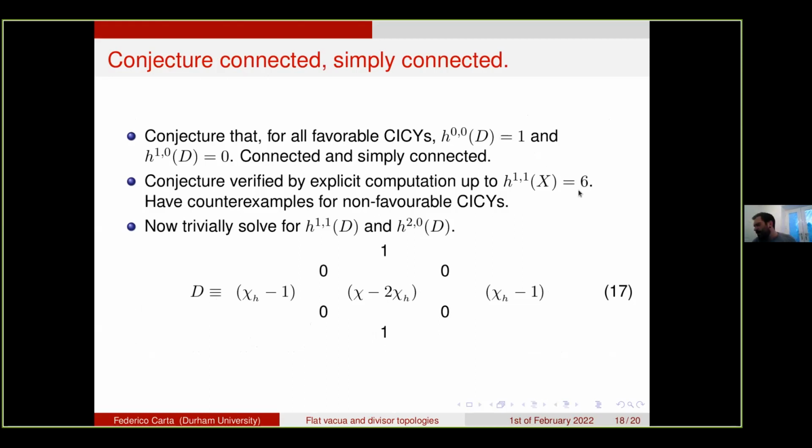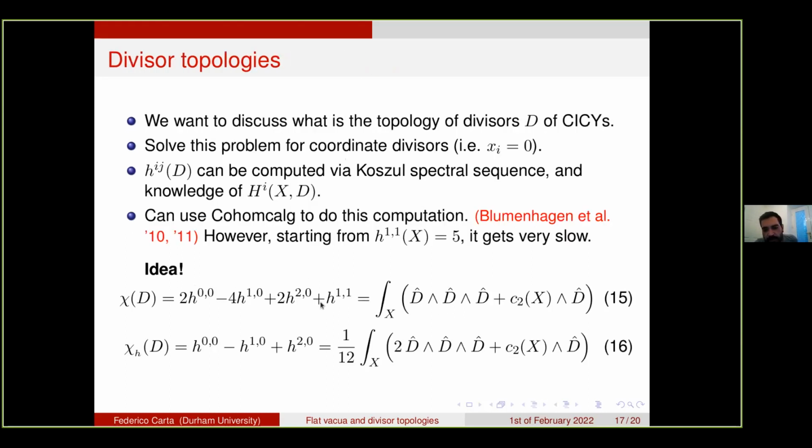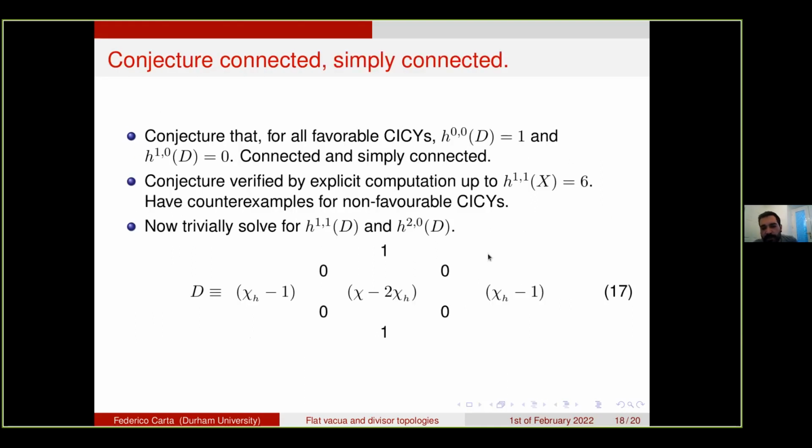At some point, we believed we had a proof for this, but we ran into a small technical detail that made us feel unconfident to state in the paper as a proof. So we state it as a conjecture. Anyways, if we conjecture this, it turns out we can solve two equations for two unknowns, and you get the structure of the Hodge diamond of divisors of this type.